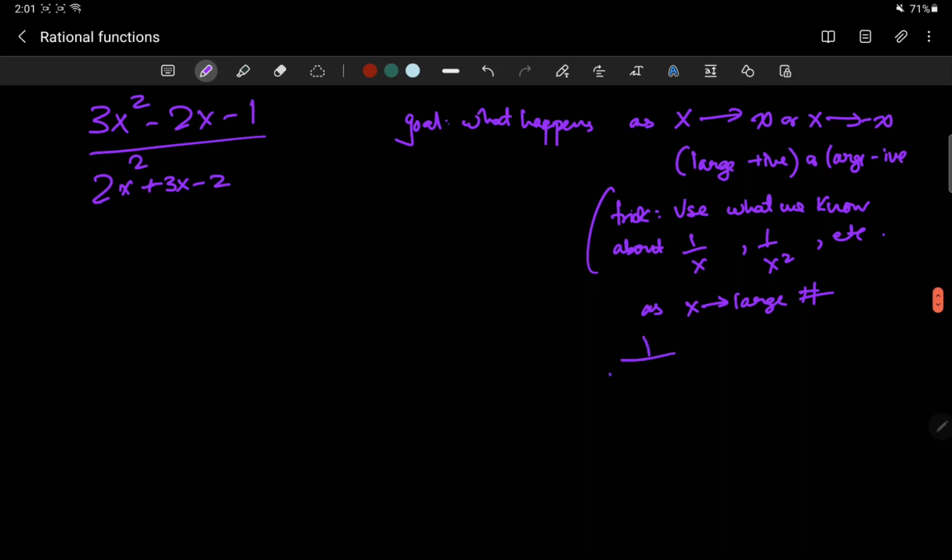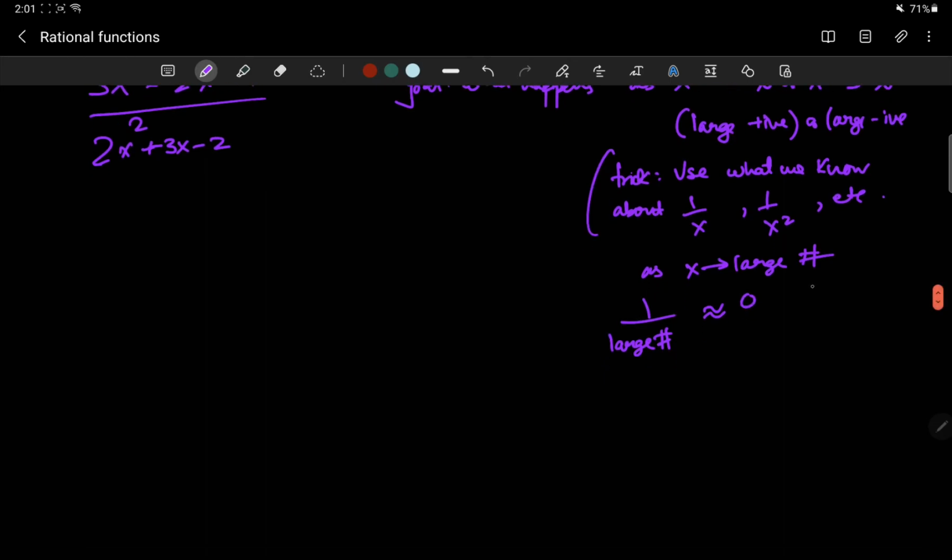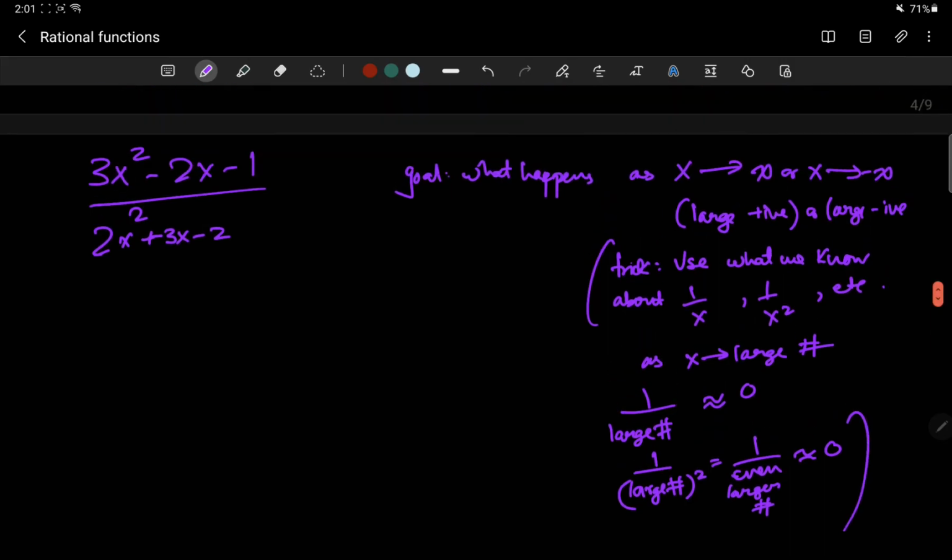We know that 1 divided by a large number is almost 0, which means that 1 divided by the square of a large number is 1 over an even larger number, which is even closer to 0. So in order to use that, I'm going to divide the numerator and the denominator by x squared. That is the highest x power.